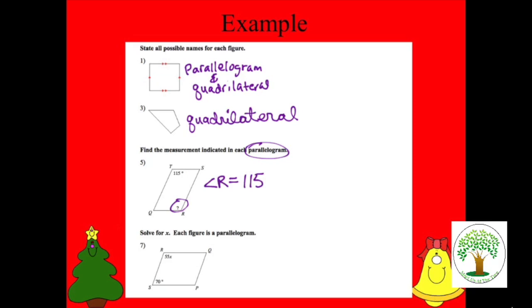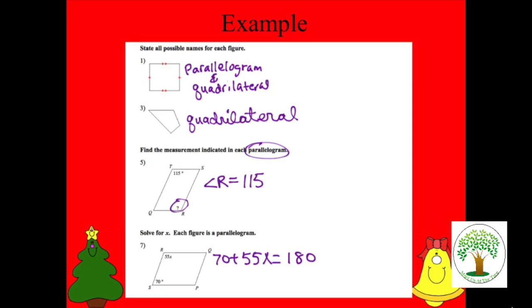Unlike number 7, angle R and angle S, are they congruent? No. They add up to how much? 180. So we know 70 plus 55x equals 180. 180 happens often in triangles, parallelograms, parallel lines.